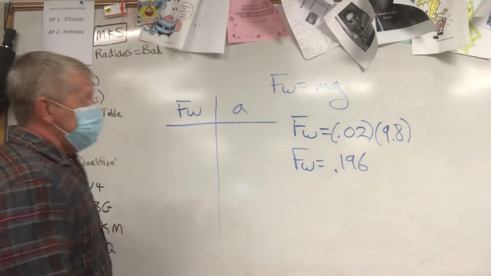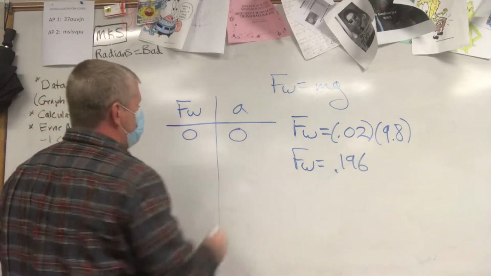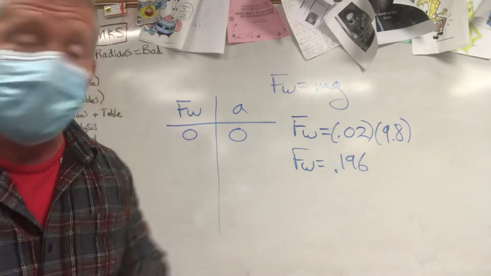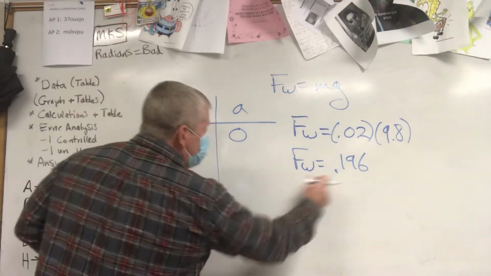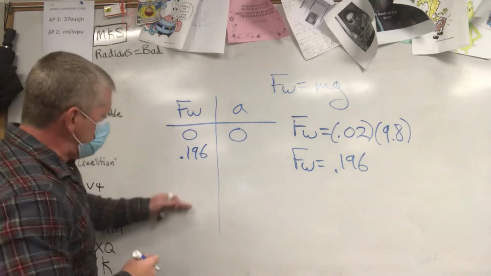Okay, all right. Now, for the first one you put down, well, you didn't have any weight, you're not going to get any acceleration. You're going to need that point for your graph, that 0, 0 point. It's going to anchor your graph in, so use it. This weight here is 0.196. And then do the rest of the trials.